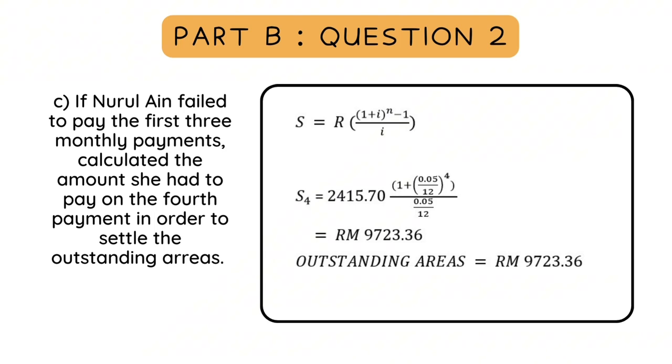C. If Nurul Ain failed to pay the first 3 monthly payments, calculate the amount she had to pay on the fourth payment in order to settle the outstanding arrears. Use the formula which is S equal R bracket 1 plus I bracket power of n minus 1 divided by I. S4 equal 2415.60 bracket 1 plus bracket 0.05 divided by 12 bracket 4 bracket divided by 0.05 per 12.